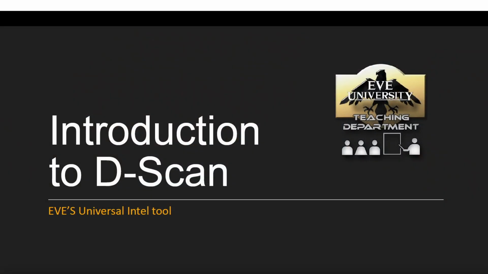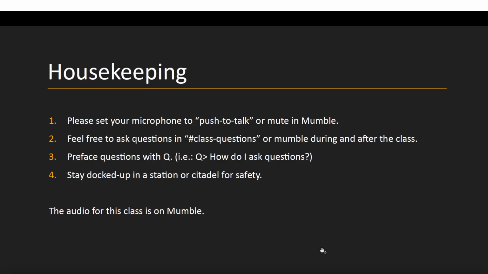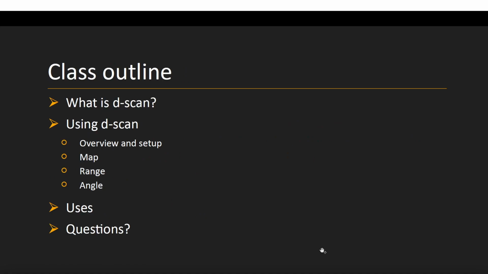Today's class is Introduction to Dscan. So today we're going to talk about what the Dscan is, using your Dscan, including how to set it up with your overview, how to look at the map, adjusting your range and angle, why you might do that, and the uses of Dscan.